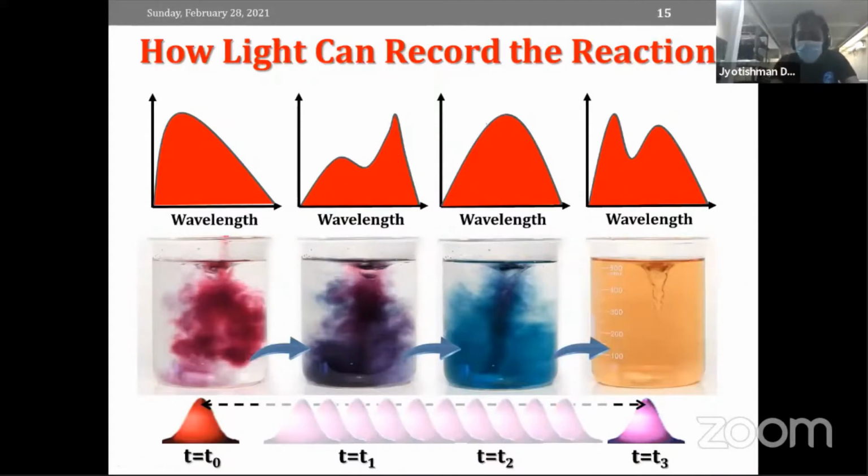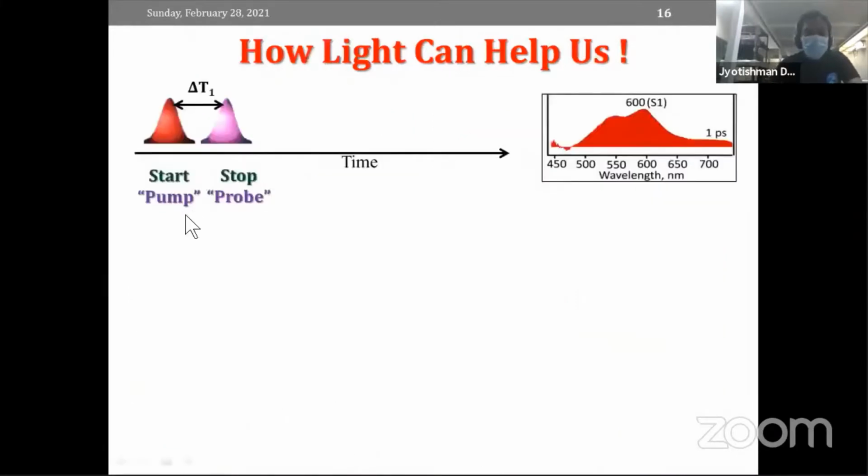So let's take a real example. Let's say I have started the reaction with the start, or the gunfire, that is the first light source. Then after some time delay, let's say 600 femtoseconds, I am going to bring my stopwatch. That is my stop, which will record a color like this. On the right-hand side, you can see what we call a spectrum. That is nothing but the color of your molecule.